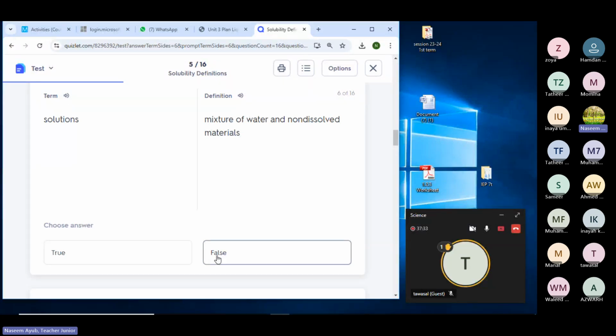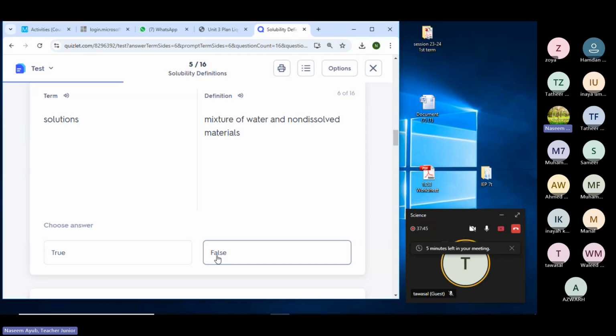You can complete the test and go through all of the questions, and please think that if the statement is wrong, what should be the correct statement? That will help you. We still have 5 minutes, so we can go through some of the questions, and the ones which are left, we can complete as your home task.